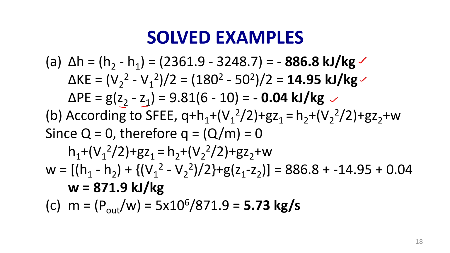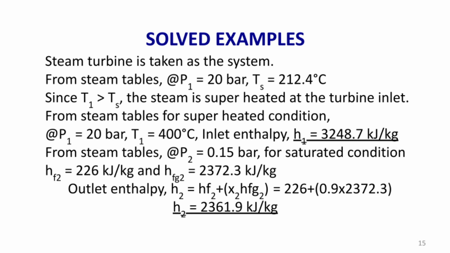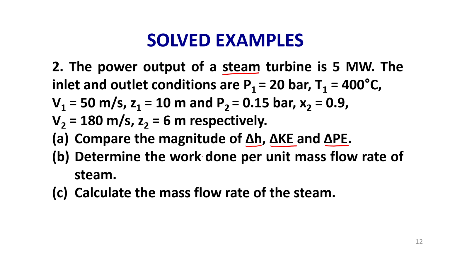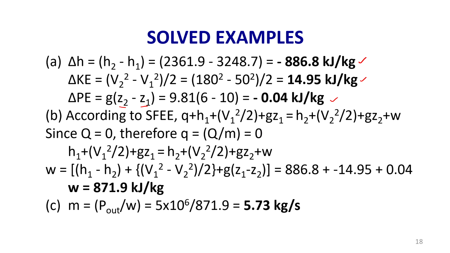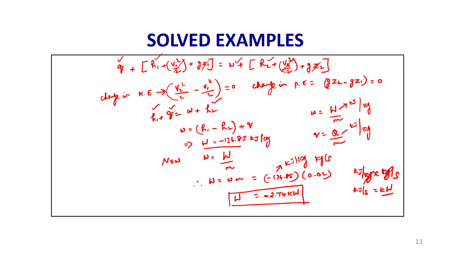Now, what is question number 2? If you see the question, determine the work done per unit mass flow rate, that is W by m. So, according to the steady flow energy equation, again we are using, there are two forms of the steady flow energy equation as I told before.